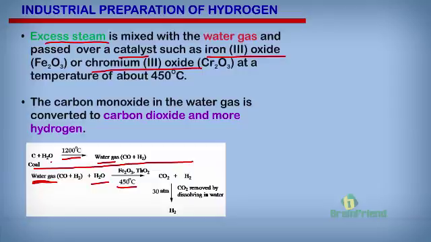After this, the carbon monoxide in the water gas is converted to carbon dioxide and more hydrogen. So this carbon monoxide in the water gas, when it is mixed with excess steam at this temperature and with this catalyst, produces carbon dioxide and hydrogen.